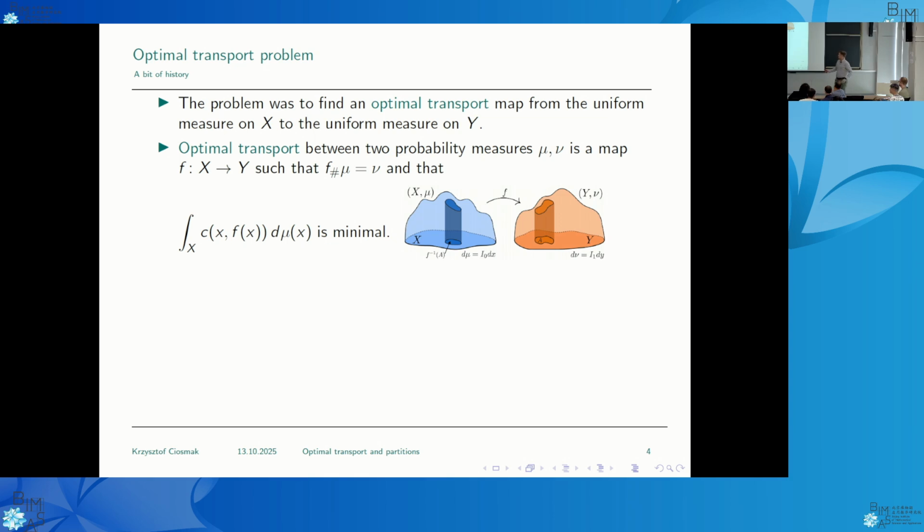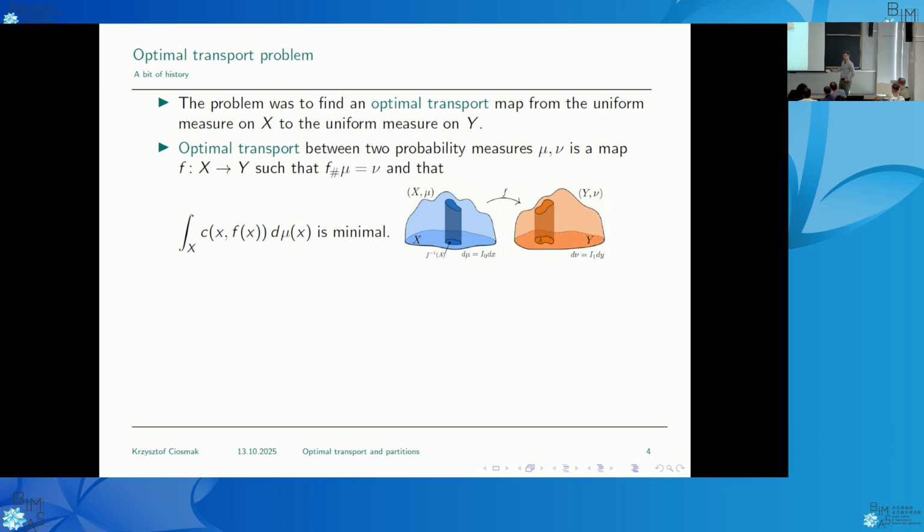So what does this condition mean? Here we have a nice picture. Here we have the space Y with measure nu. Here we have the space X with measure mu. The condition that f push forward mu is equal to nu means that whenever we take any set A in Y and look at its preimage, then the measure nu of A is equal to the measure mu of f inverse A. In other words, the mass that we have transported by f to A is the same as the mass in the preimage.